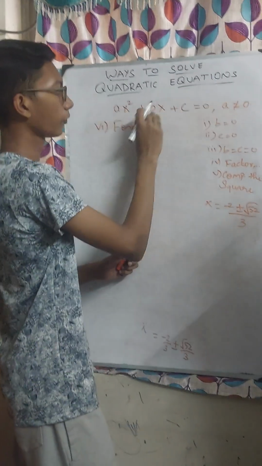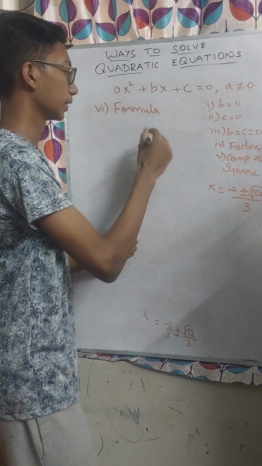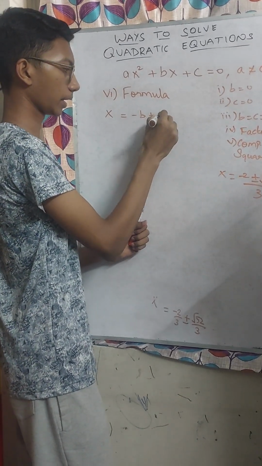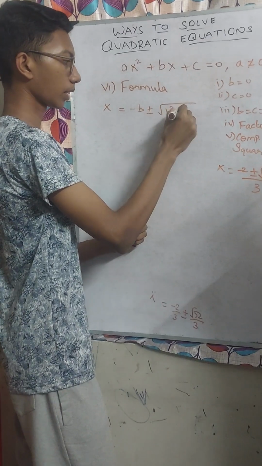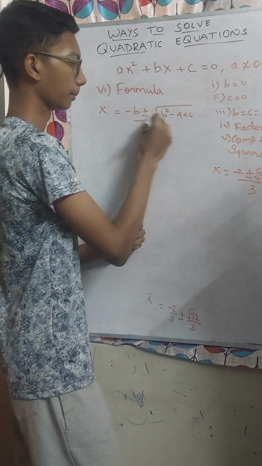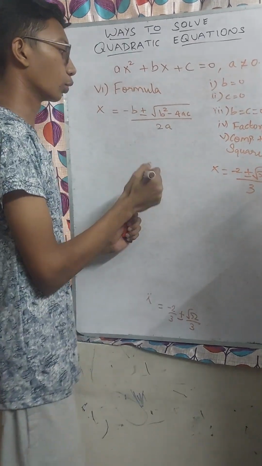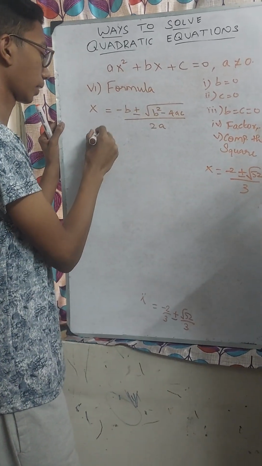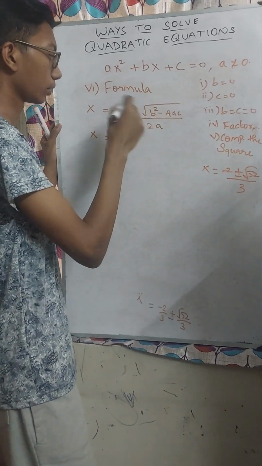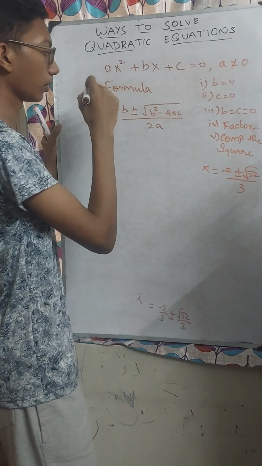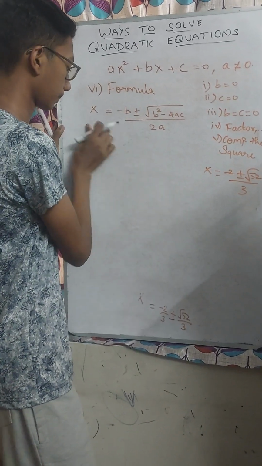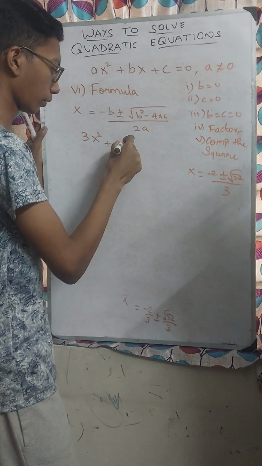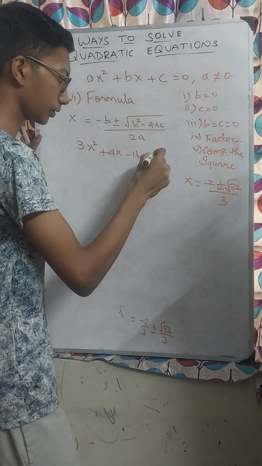If the general form of a quadratic equation is this, then the formula for solving it is x = (-b plus or minus √(b² - 4ac))/2a. So what we will do now is apply this formula. The equation we had earlier was 3x² + 4x - 16 = 0.